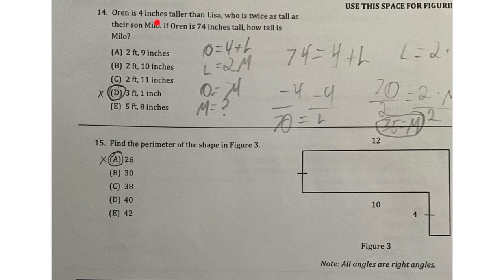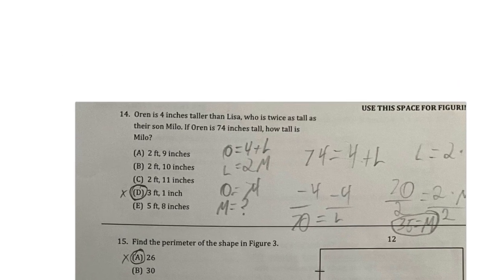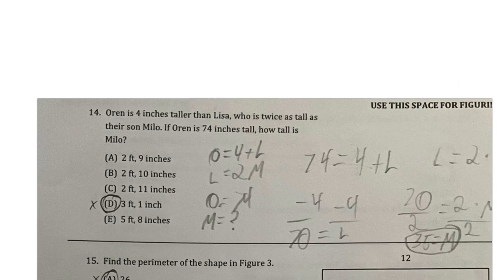Oren is 4 inches taller than Lisa, who is twice as tall as their son Milo. If Oren is 74 inches tall, how tall is Milo? So we could say that O stands for Oren's height, and L stands for Lisa's height. Oren is 4 inches taller, so O equals Lisa's height plus 4.